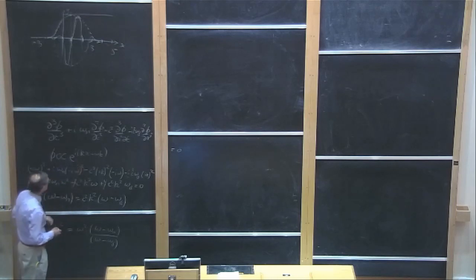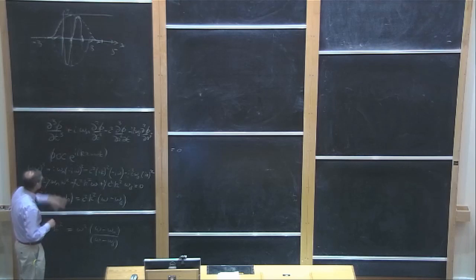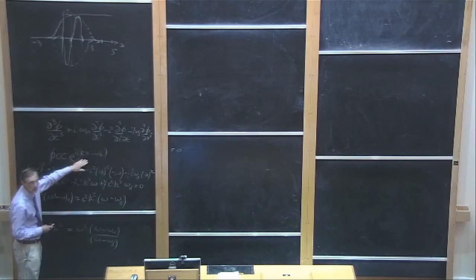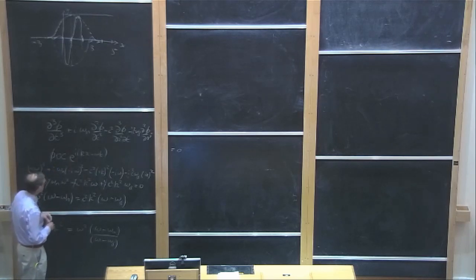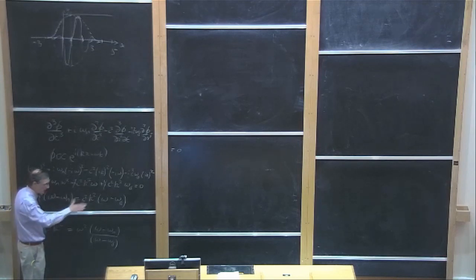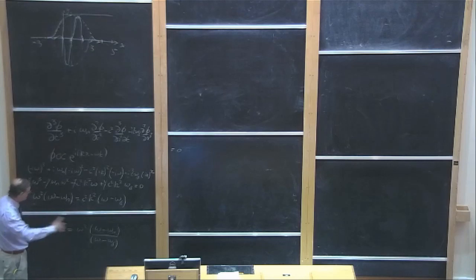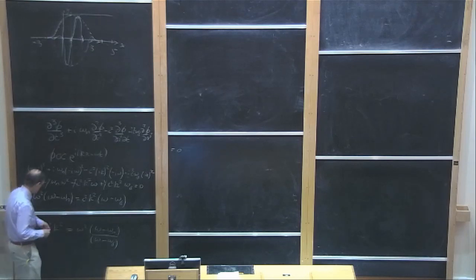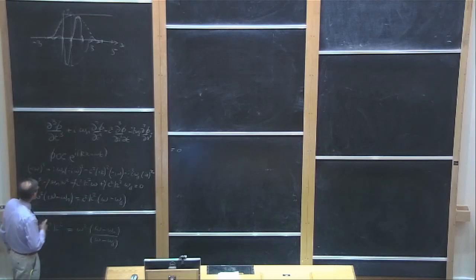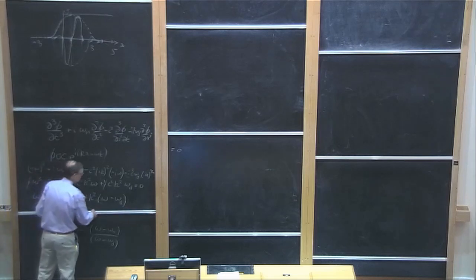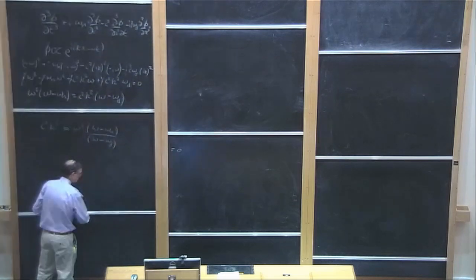And what actually happens, and this is exactly what happens in an absorbing medium, is that you get the k vector with an imaginary component, which means that the amplitude diminishes as you propagate through the medium. In this particular case, it doesn't have a real component, so it only has an imaginary component, and the wave can't propagate in that region at all. And this is exactly what happens in the Earth's atmosphere because of the electrons.